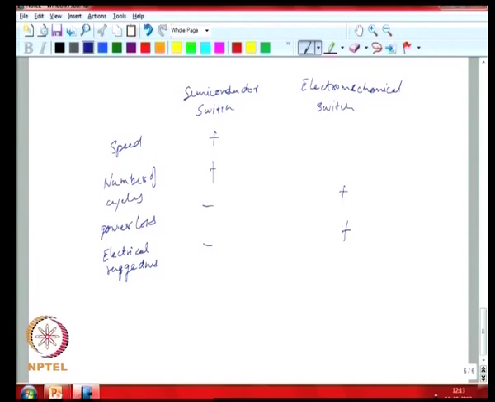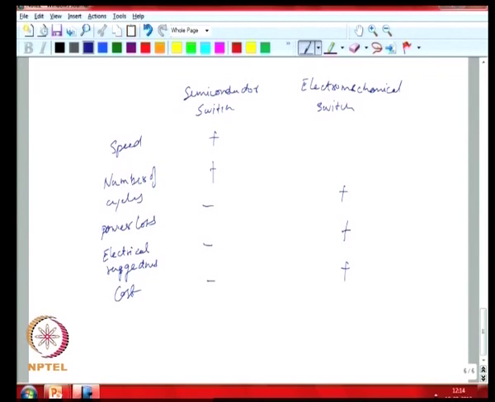Cost, definitely the semiconductor based switch is going to be much more expensive. So there are trade-offs. You can see cost is an important factor for many commercial applications.